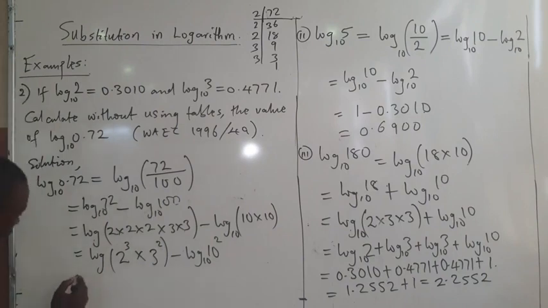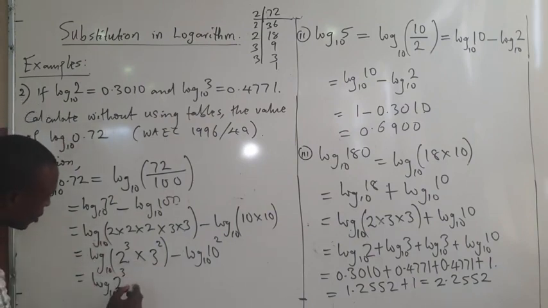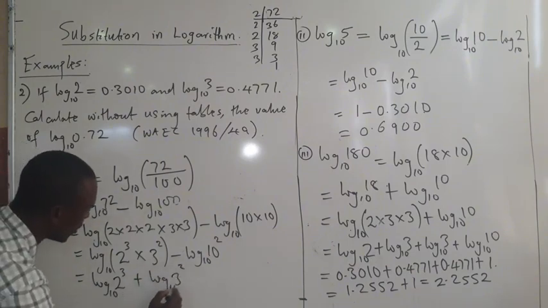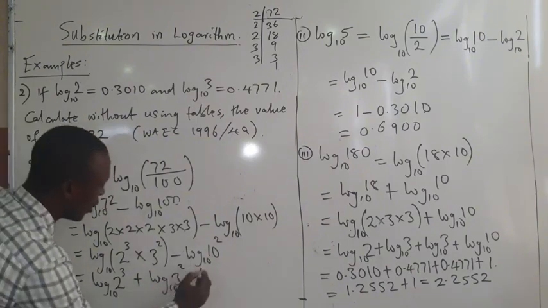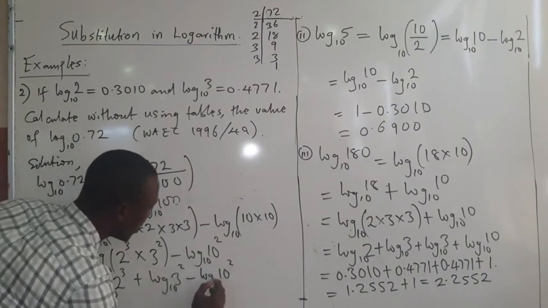So we have log 2 raised to power 3 base 10. We have base 10 here, base 10 here. Then multiplication changes to addition, so plus log 3 raised to power 2 base 10. Then minus log 10 raised to power 2 base 10.